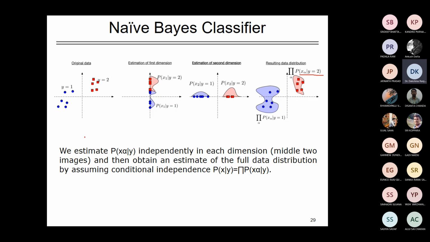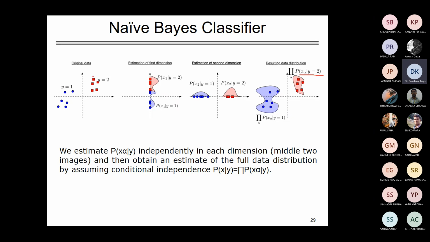And here we estimate the probability of x alpha given y independently in each dimension. So if we consider the first dimension, we will estimate the probability independently.